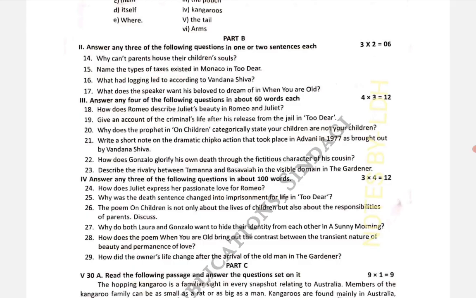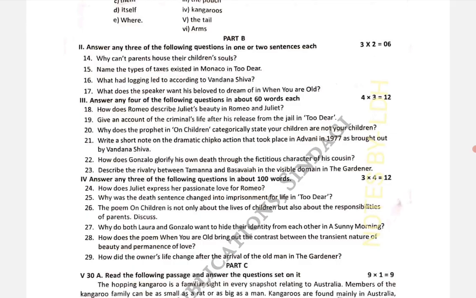What had logging led to, according to Vandana Shiva? Logging had led to landslides. Logging means cutting the trees. Because of this, most of the time landslides happen, and you will not get fodder for the cattle, food for the people, and also they will not get water, so streams will drain.